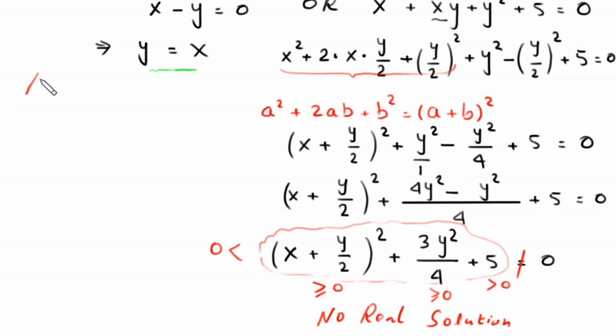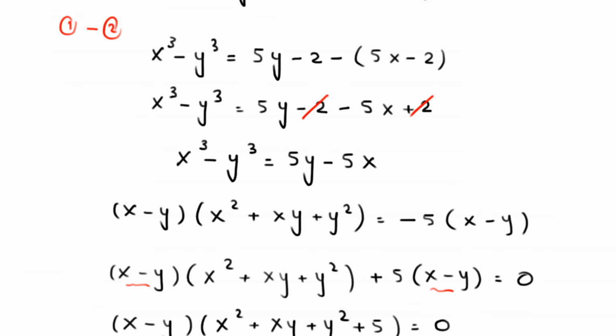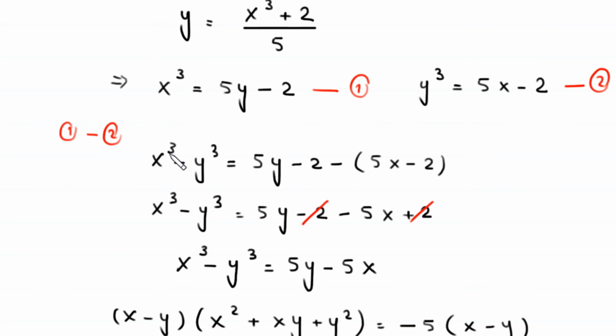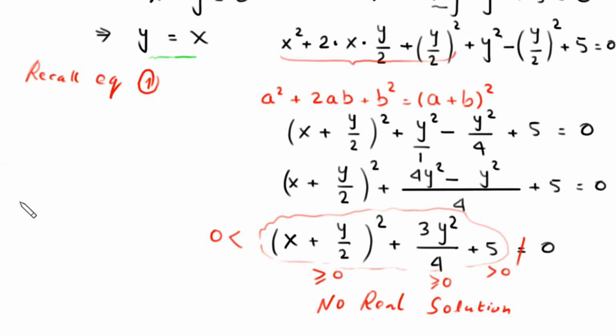Now we recall equation number 1. Equation 1 is x cubed equal to 5 times y minus 2.